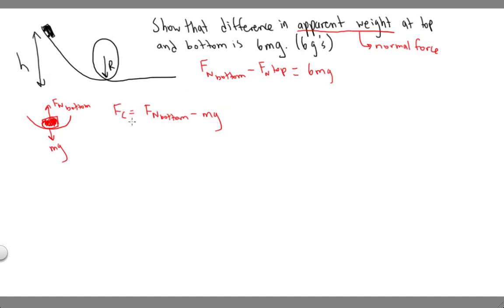Now we can also find an expression for the centripetal force at the bottom. The equation for the centripetal force is mv squared over r. So we have mv bottom squared divided by r, and that's equal to the normal force at the bottom minus mg.